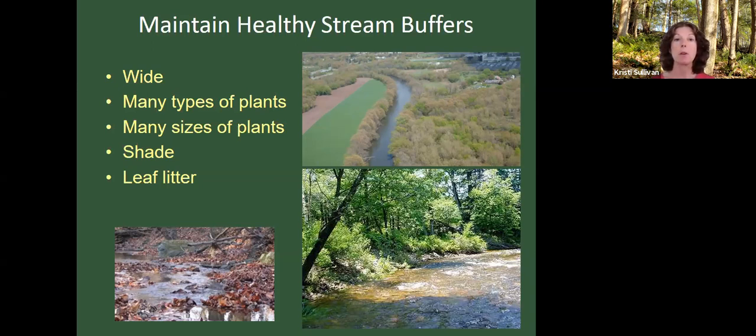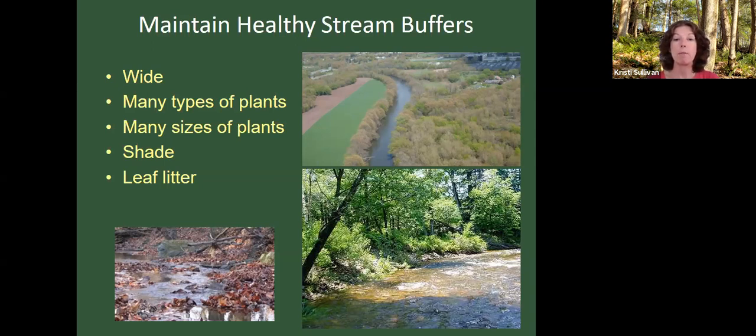And also they're kind of unique because they are important in also maintaining water quality for the organisms that live in the water. So they provide shade over the water to cool the water, and they provide an input of leaf litter when the leaves fall off, and that leaf litter provides the base of the food chain for other organisms.